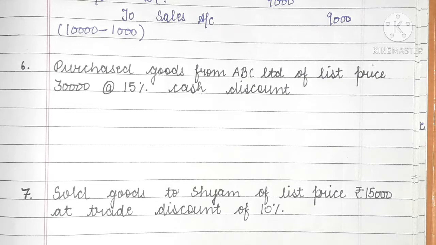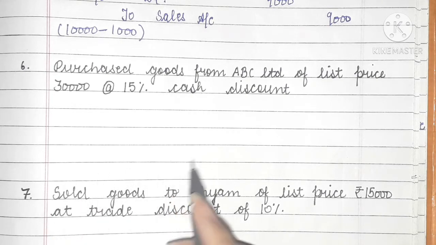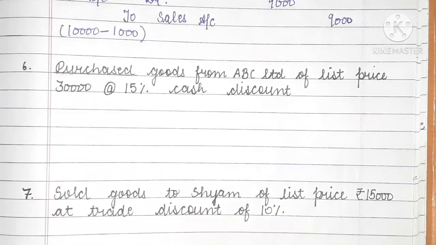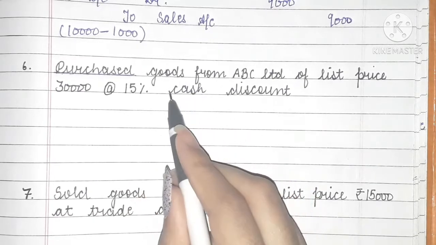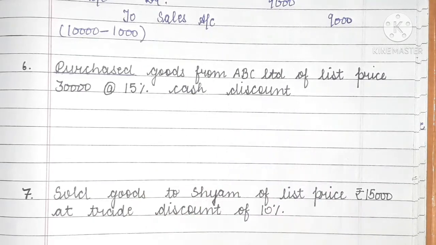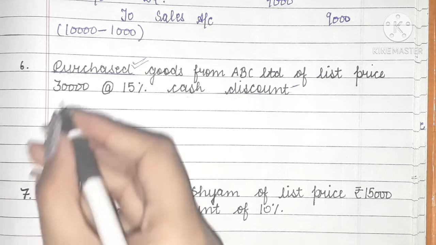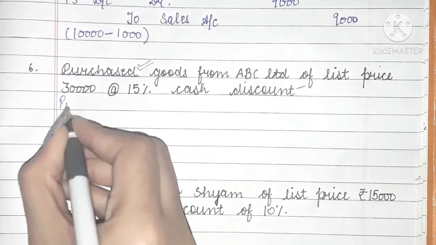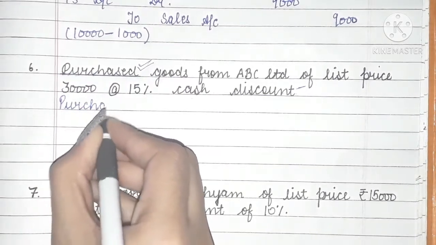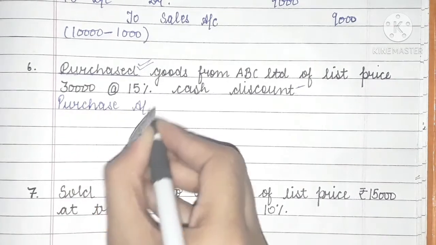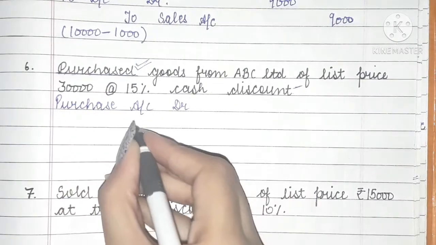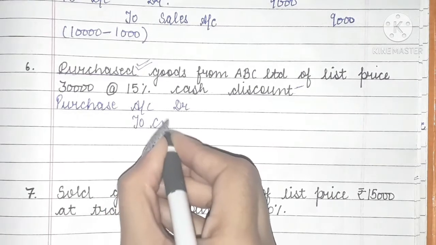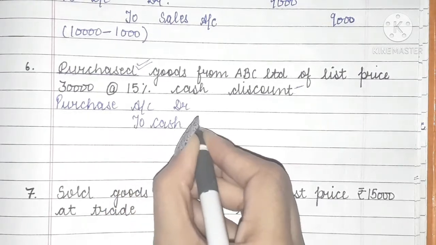Next entry we have is purchased goods from ABC Limited of list price 30,000 at 15% cash discount. First we'll record the entry for purchase. So we are purchasing goods for cash. Why for cash? Because we are getting the cash discount, and we get the cash discount only if we are paying in cash. So the entry for this will be purchase account debit to cash account.